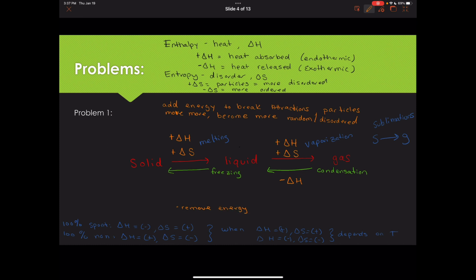As we remove that energy, my particles slow down, and they're going to begin to stick. Because we've removed that energy, those particles don't have enough energy to break attractions, so they remain stuck.